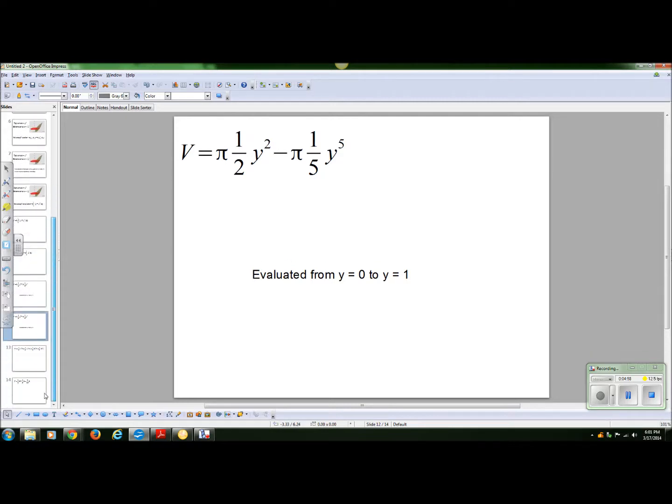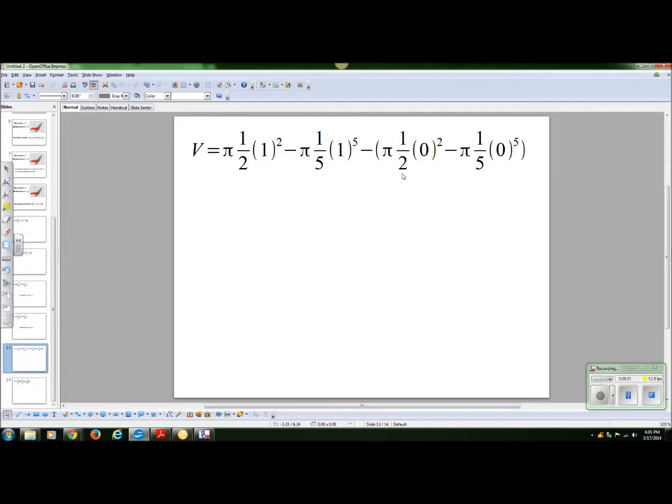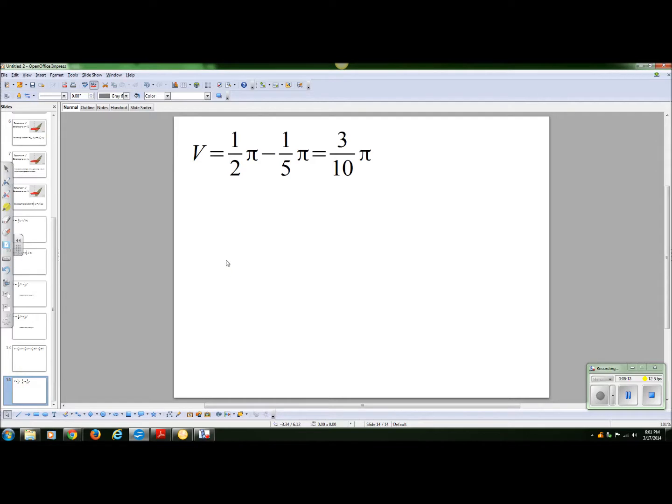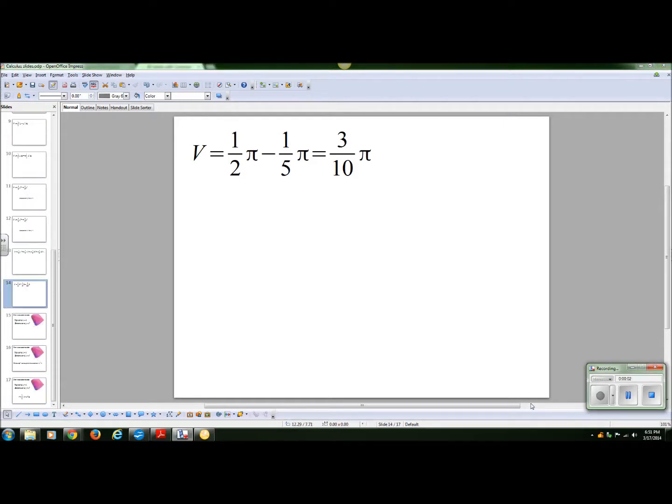When we do that, I'll just sub 1 in, and then I'll subtract that exact same expression evaluated at 0. And that really just simplifies down to 1/2 pi minus 1/5 pi, which, if we simplify the fractions, is 3/10 pi. And of course remember that your units will be in cubic whatever, depending on what the units of the original problem was.